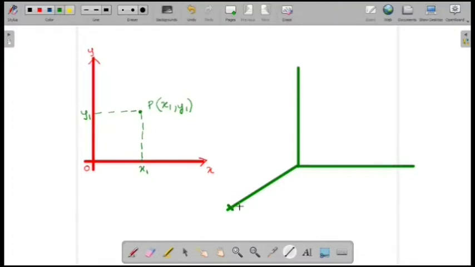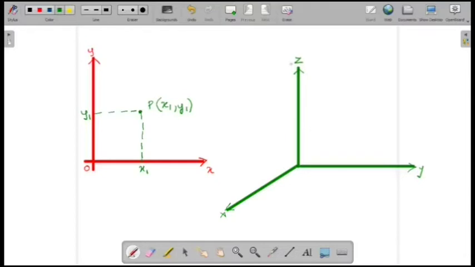So this is my x-axis, I call this the x-axis, and I have here the y-axis. And here you have your z-axis.